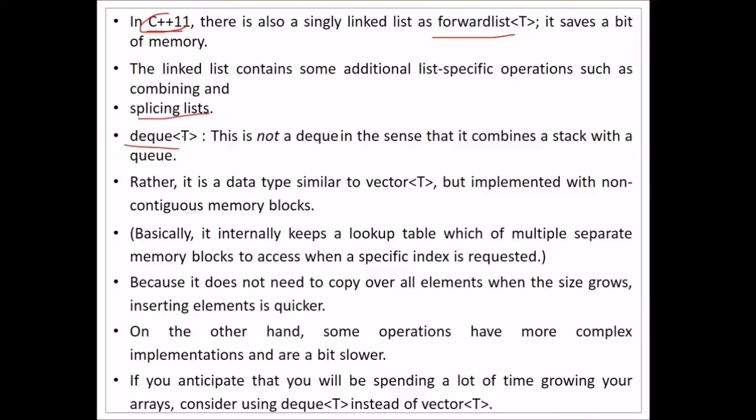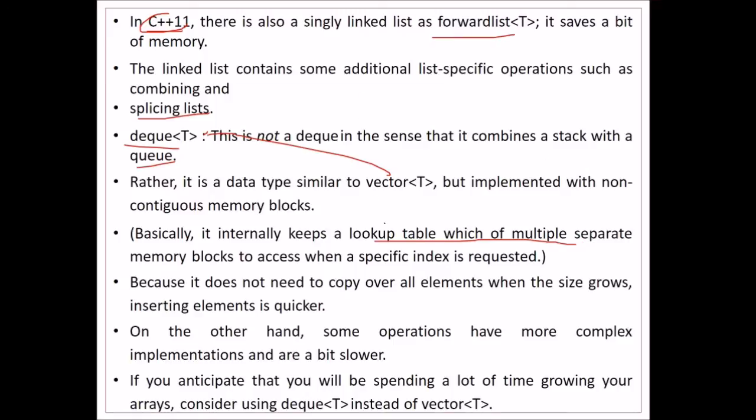We also have deque. This is not a queue in the sense that it combines a stack with a queue. It is a data type similar to vector T, but implemented with non-contiguous memory blocks. Internally, it keeps a lookup table which has multiple separate memory blocks to access when a specific index is requested.